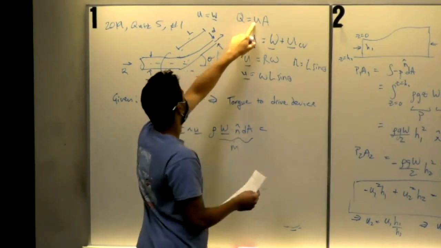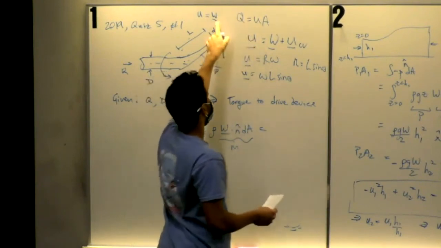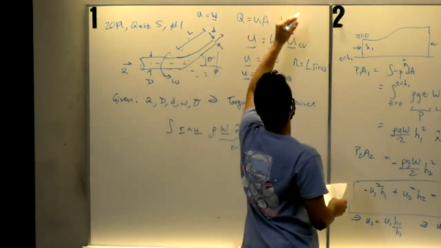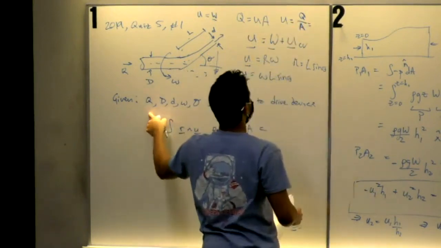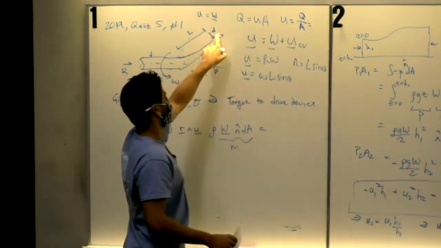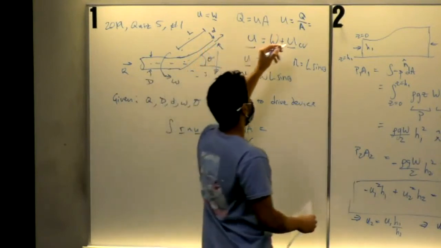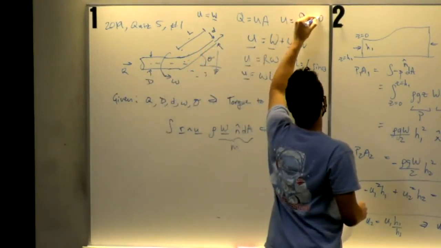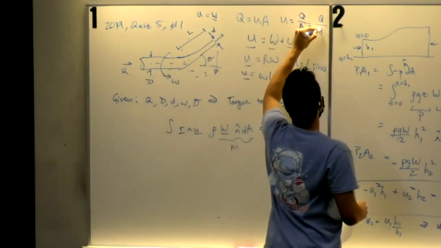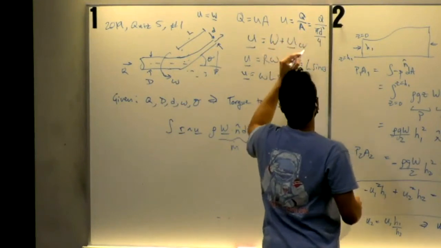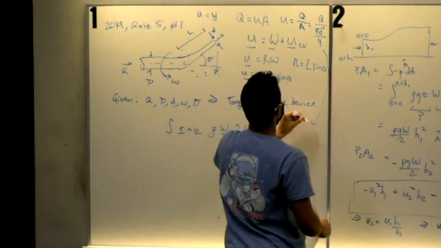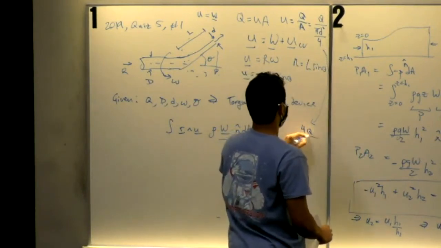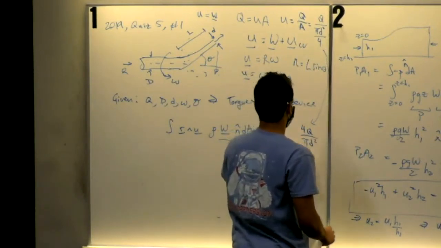So you can do W equals Q over A, and you're given Q, and you know the area given the small diameter, so it would be Q over pi d squared over 4, and you can rearrange this to 4Q over pi d squared.